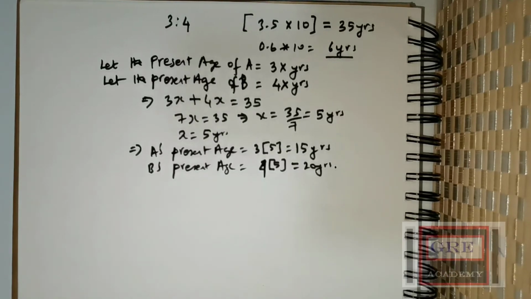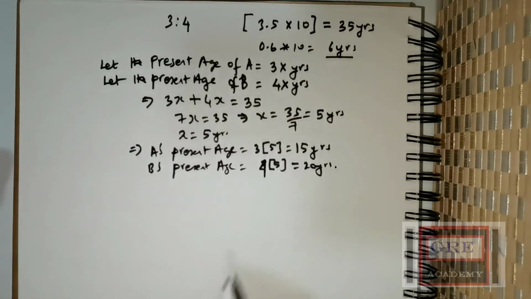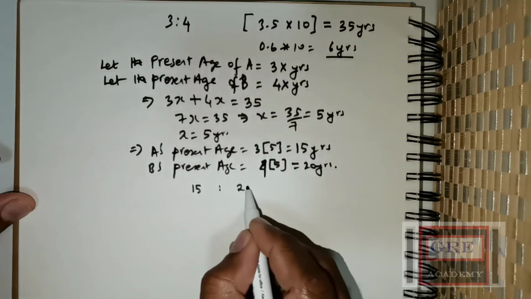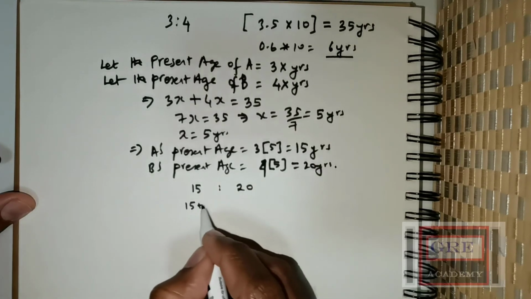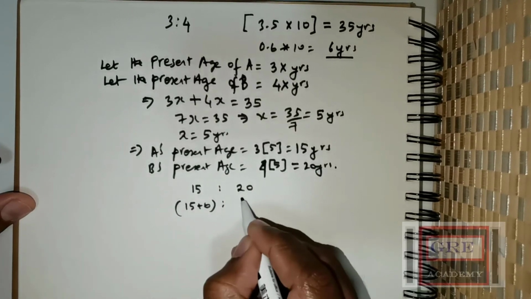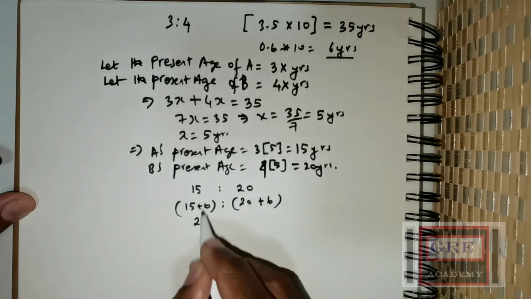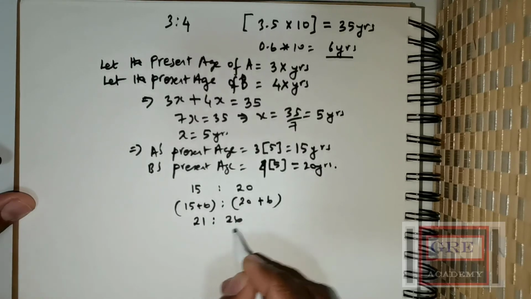So this is the present age, but we are asked to find what is going to be the ratio after 6 years, that is A's age to B's age. So this is going to be 21 is to 26.